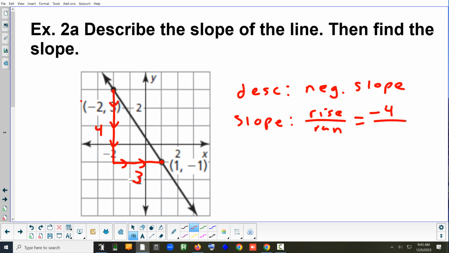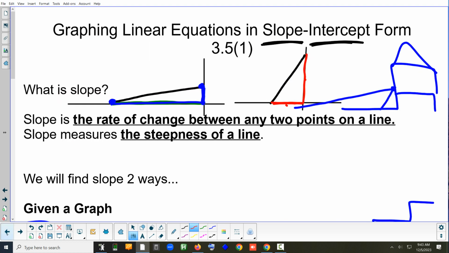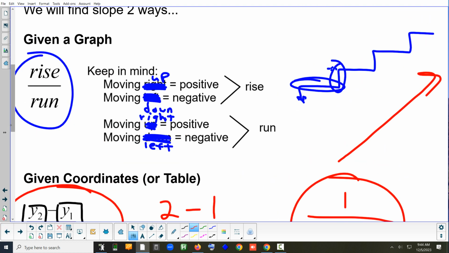And which way did I go for the run? Right. I went to the right. And when we go right, is that a positive or a negative? Oh wait, no, it's positive. So when we go to the right, that is which way? Positive.